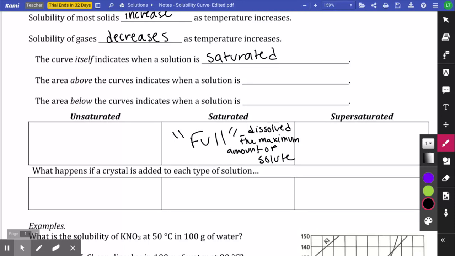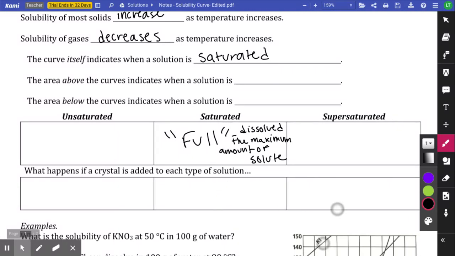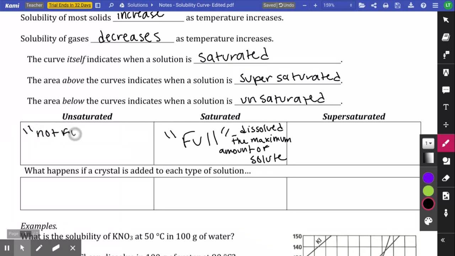Now we have two other types of solutions that we can make as well. If we're above the curve, we have made a supersaturated solution, and I'll tell you about that in just a second. And then below the curve, we have made an unsaturated solution. In an unsaturated solution, it is not full.